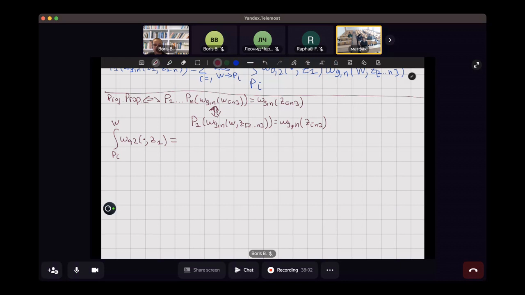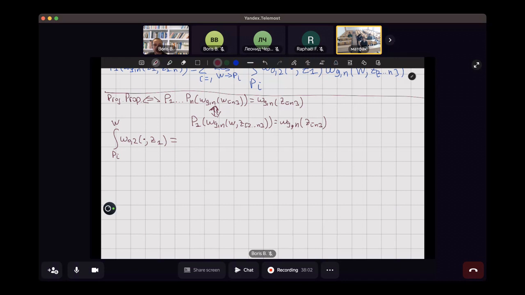Okay, taking the first, let's see what is happening when we are taking the first residue. Then maybe I will write in such a way.